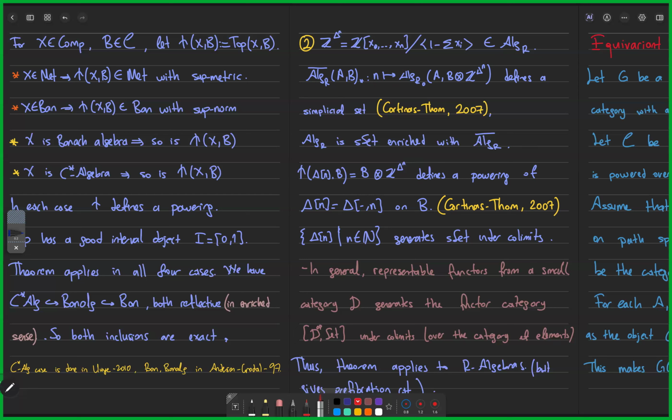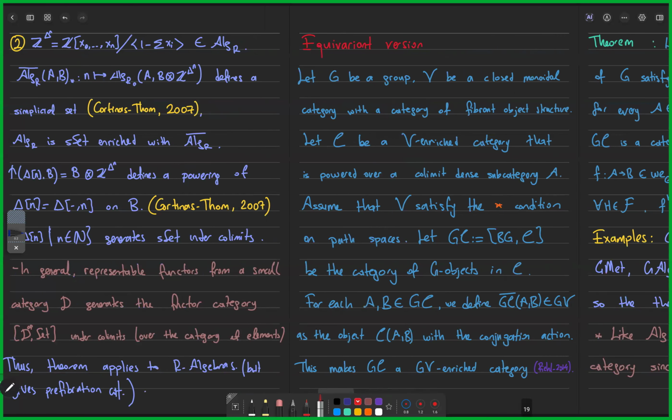But there are also enough settings to mention some of the applications. There is also a covariant version of this. It can be given trivially, but there is also a more sophisticated version, the equivariant versions. I mean, there are two equivariant versions. I'm not giving the first one. Let G be a group, V be a closed monoidal category with a category of fibrant objects structure, just as before.